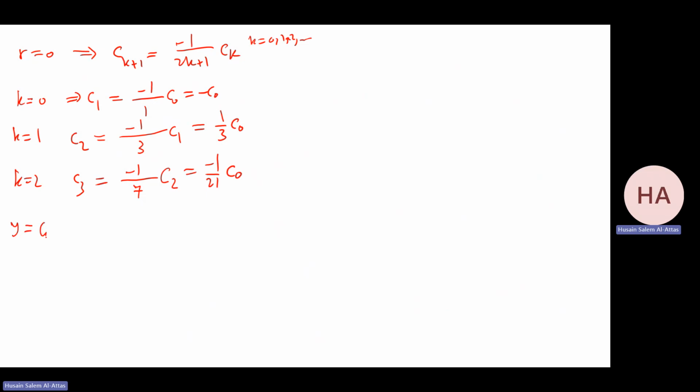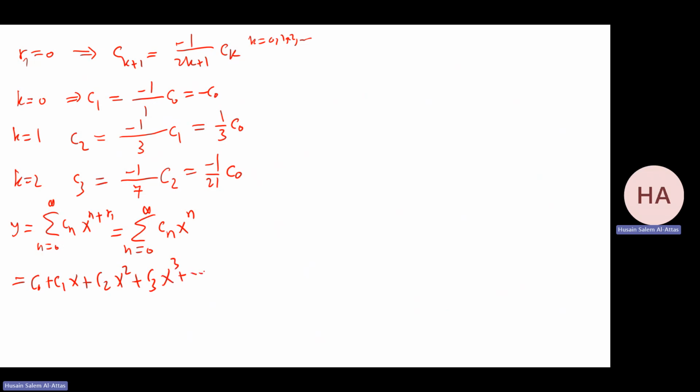So the solution, I can write c0 plus c1 x plus c2 x squared, don't forget x to the power r, so the summation n equals 0 to infinity of c_n x to the power n plus r. This is r1, where r1 is 0. So this is the summation of c_n x^n, which is c0 plus c1 x plus c2 x squared plus c3 x cubed.